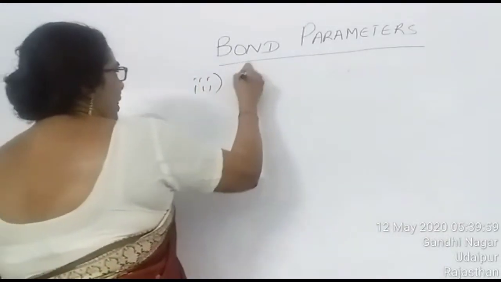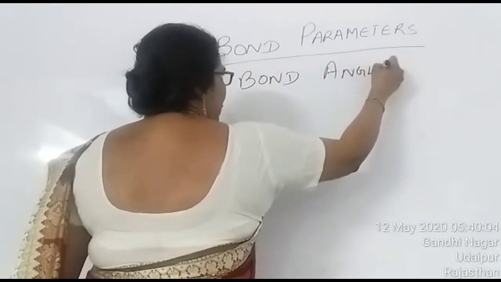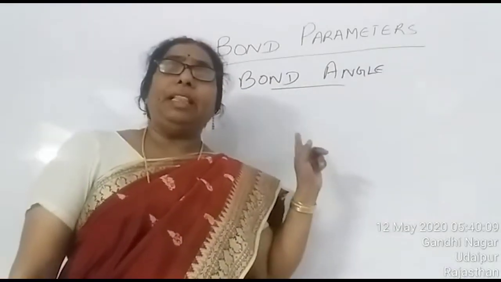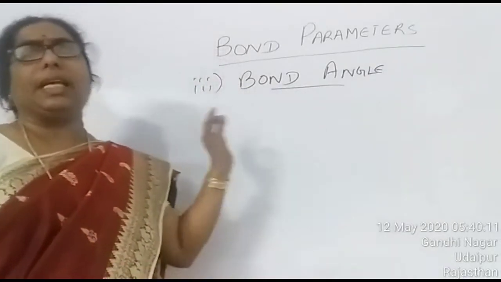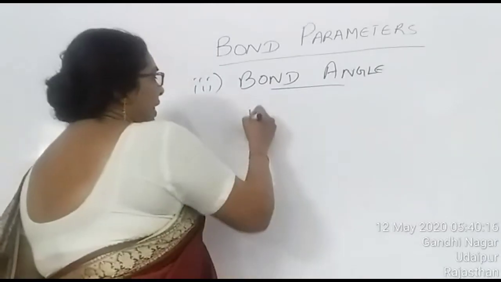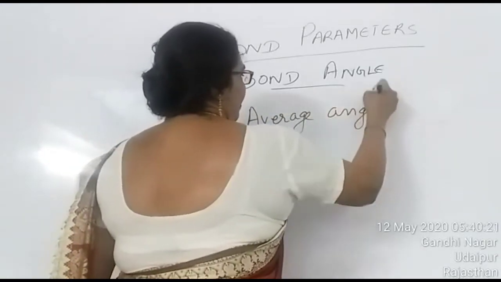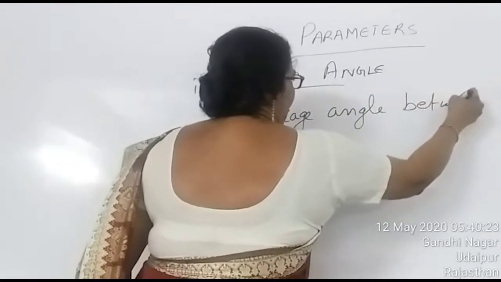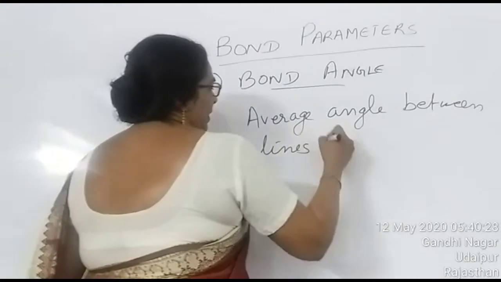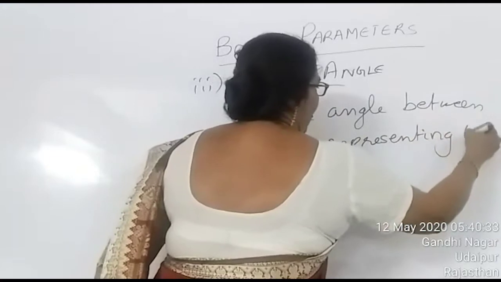Third one is bond angle. Bond angle is defined as the average angle between the lines representing the orbitals containing the bonding electrons.